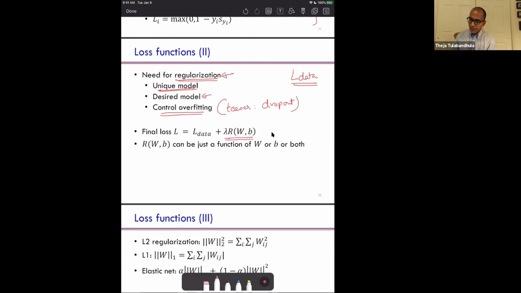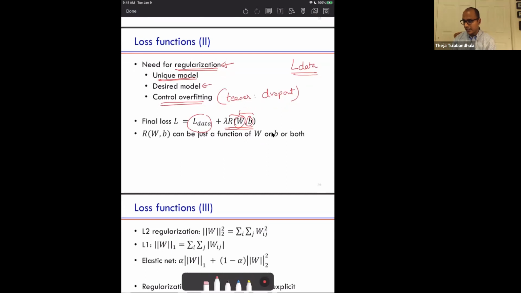So what you do is there's a score that is only dependent on the training data. And then there's a score which depends on your preference. That doesn't depend on the training data, but depends on, if you chose a certain value of the weight matrix W and a certain value for the B parameter, then there's a particular score. This is not data driven.